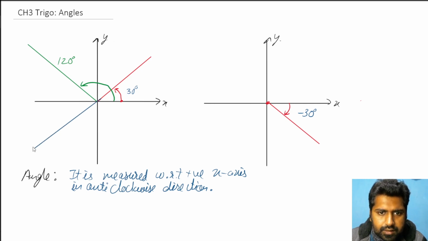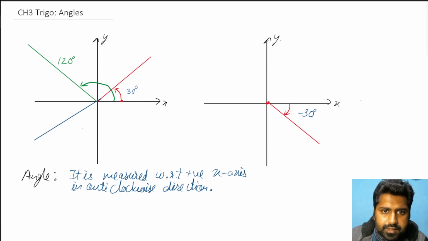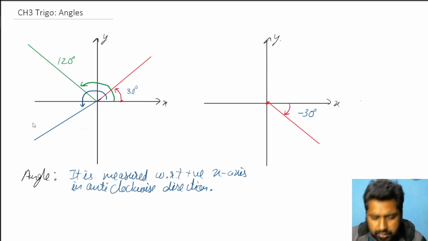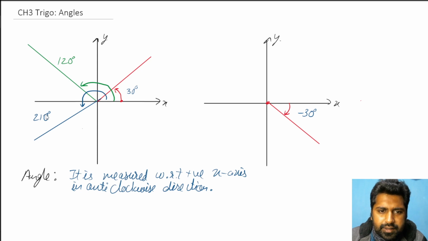Suppose an angle is here and I have to measure it. So for this, I will again move anti-clockwise and it will give me a positive value of angle. Let's say this angle is more than 180, so let's say 210 degree. It can be in fractions also, like 209.11 also. That value can also be there, but I'm going with integral values.